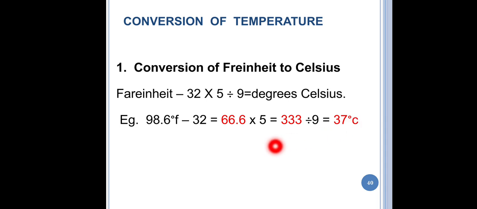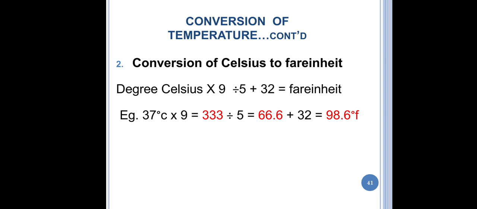Of course, you should also be conversant with how to convert this without a calculator. It is simple, just like this expression: multiply, and then divide. During exams they will give you exact figures. And if you want to convert Celsius to Fahrenheit, you multiply degrees Celsius by 9, then divide by 5, and add 32.